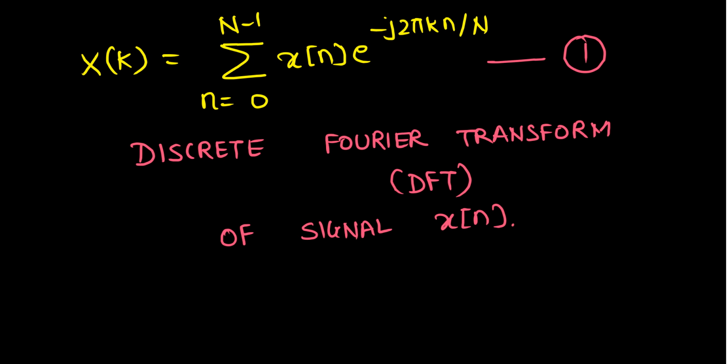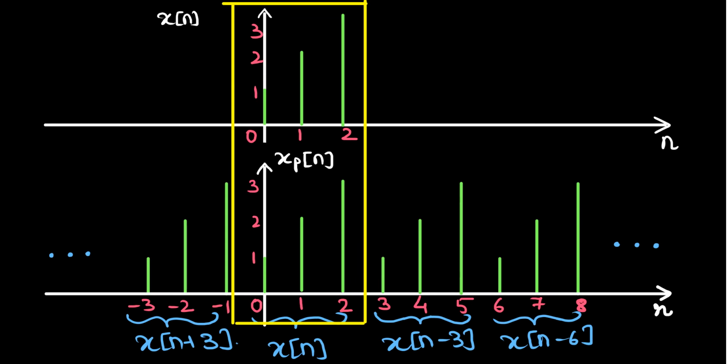Now we need to get back to x of n once we are given the value of x of k. For that, what we are going to consider is not the x of n term, rather this periodic representation, or the xp of n term.